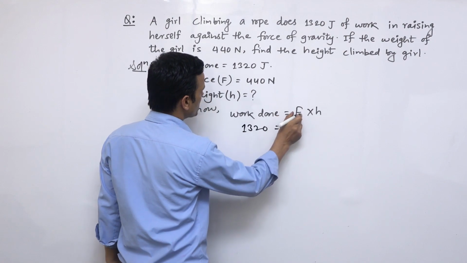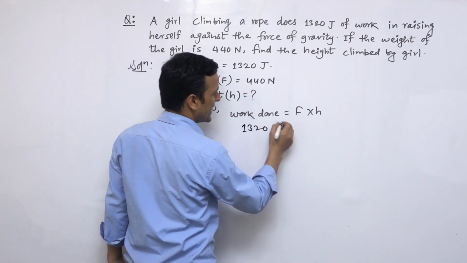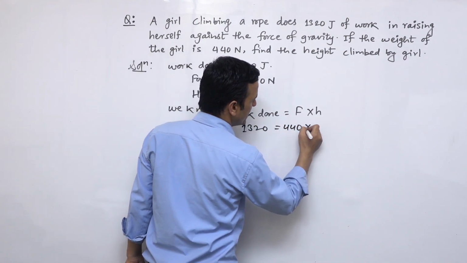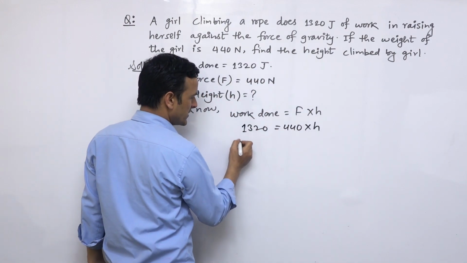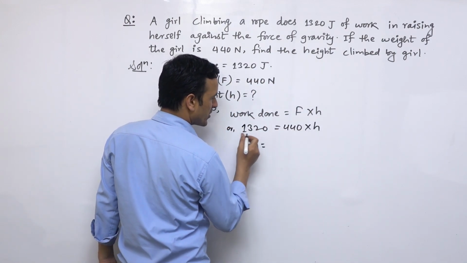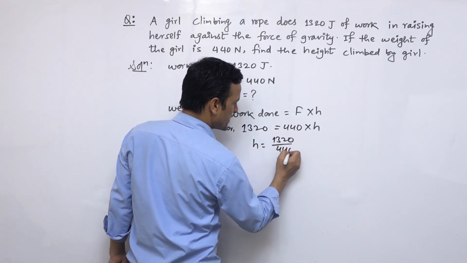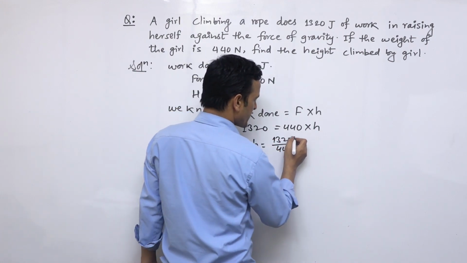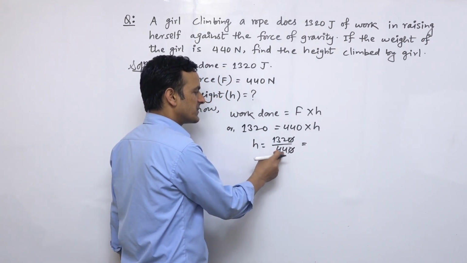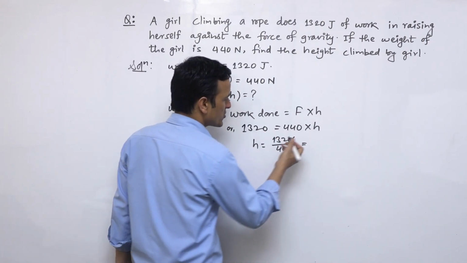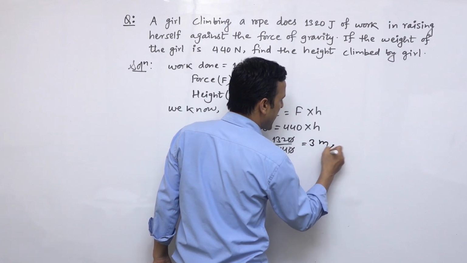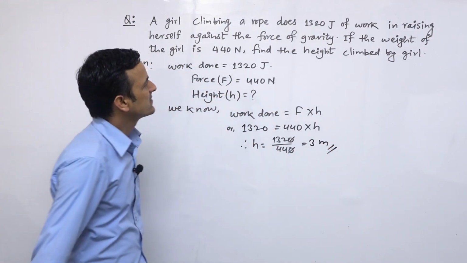Work done means 1320. Force means it is weight, and the weight is 440 into height is unknown. That's why h is equal to this divided by this 440, and this means 0 cut, and this 3s are 132. So 3 meter is the height of the girl.